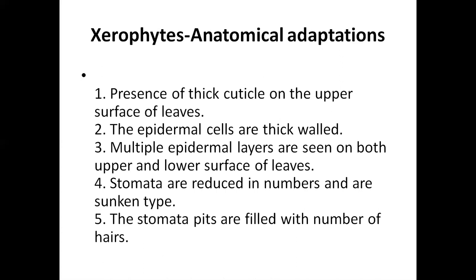These are sunken type, so they are deep within the pits. Sunken type means stomata are located in deep pits. The stomata pits are filled with a number of hairs to prevent transpiration.